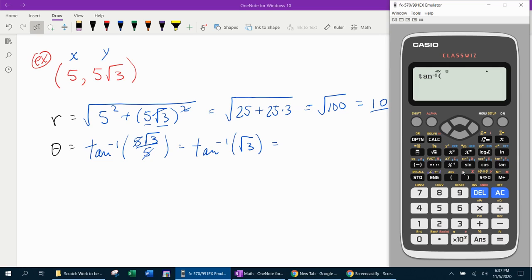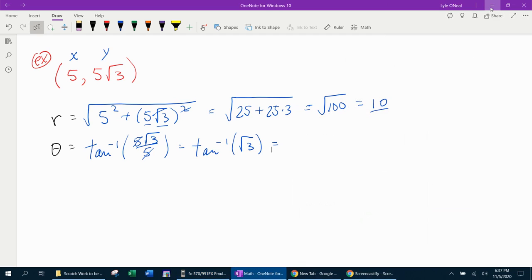The inverse tangent of square root of 3 is positive pi over 3. All right, and now we've got our r and theta, and notice our angle is positive, so we're happy with that. We're pretty much done. So our ordered pair in polar coordinates, r comma theta, is going to be 10 and pi over 3.